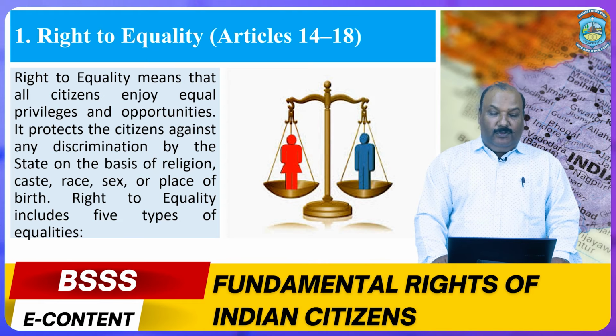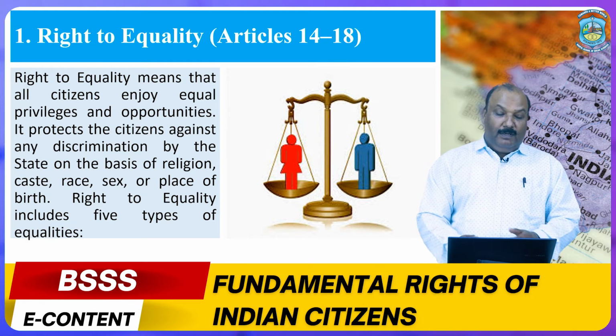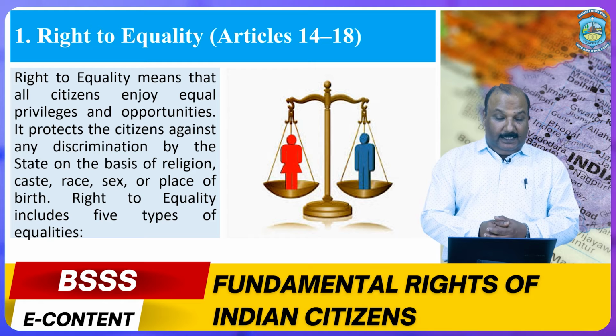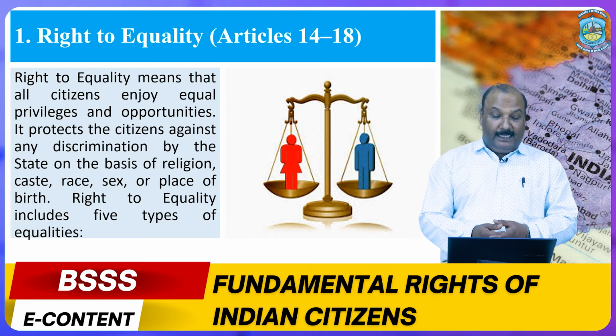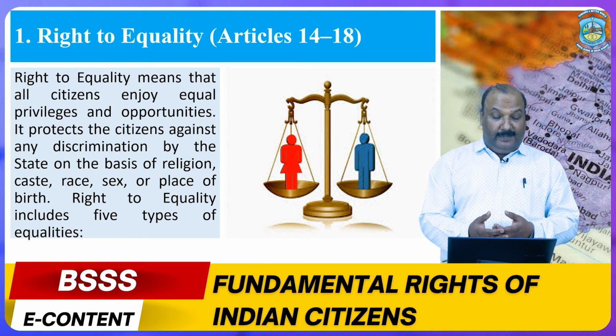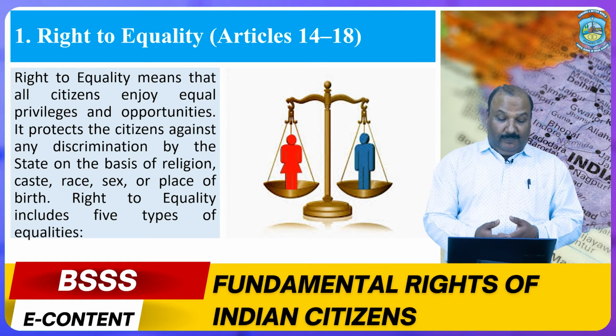Number 1, right to equality, Article 14 to 18. Right to equality means that all citizens enjoy equal privileges and opportunities. It protects the citizens against any discrimination by the state on the basis of religion, caste, race, gender or place of birth.